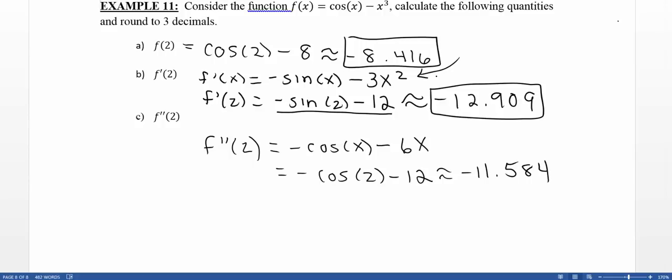And then finally, because the second derivative is negative, we know that the function was concave down at 2. So we have a negative value that's decreasing and concave down is what's happening at x equals 2. And all of that information we get by looking at the various values of the function, the first derivative, and the second derivative.